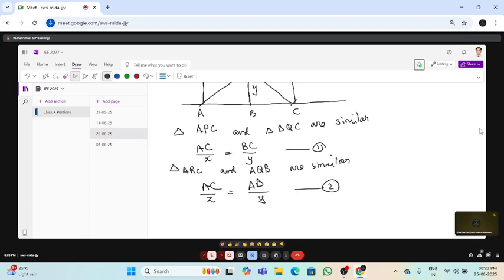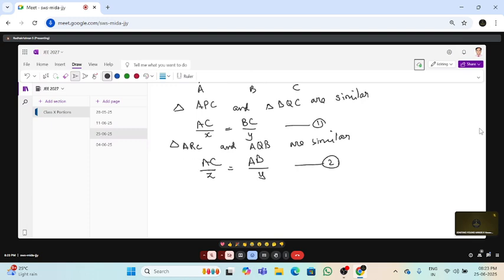So from these two, what do we see? Now add these two. What do you get? AC by x plus AC by z equal to BC by y plus AB by y.